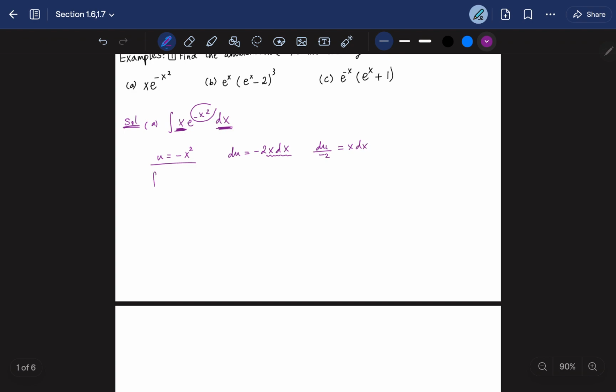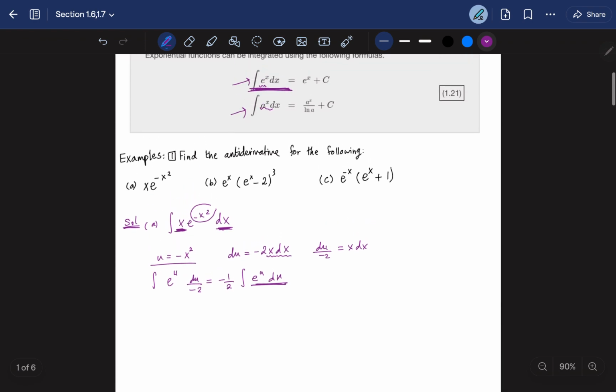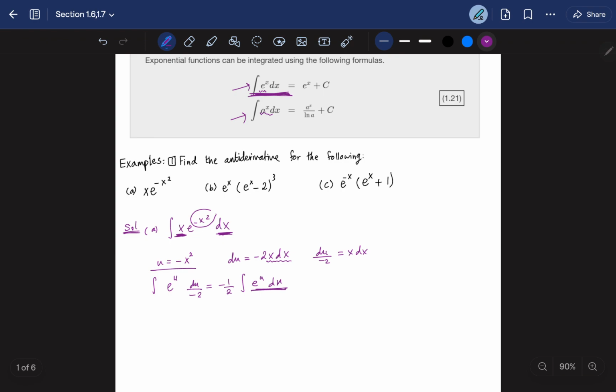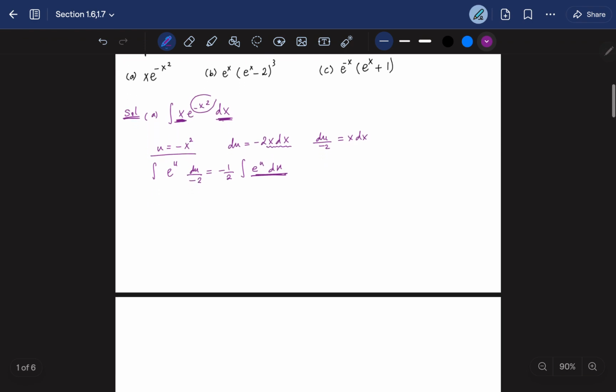So now putting everything back, my x dx is just du over -2, and then I have e to the u. Using the properties of integrals, I can take the constant out. Now I got the desired formula where we only have e to the u.